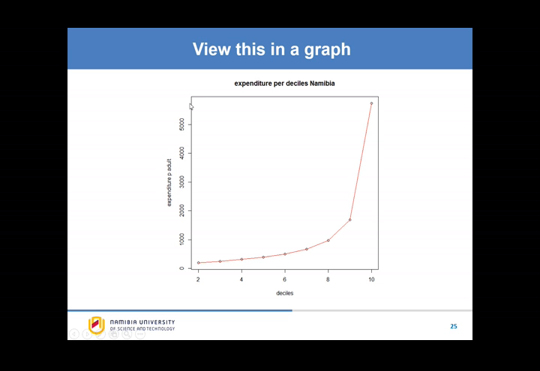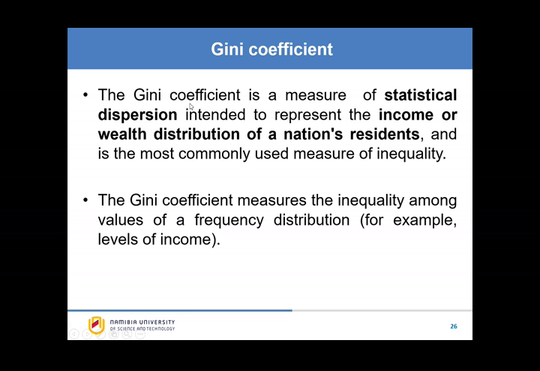This curve is actually not very clear, so we'll clarify the different concepts a bit. The Gini coefficient is a measure of statistical dispersion intended to represent the income or wealth distribution of a nation's residents, and is the most commonly used measure of inequality. So it measures the inequality among values of a frequency distribution, for example, levels of income. So that's what I meant before.